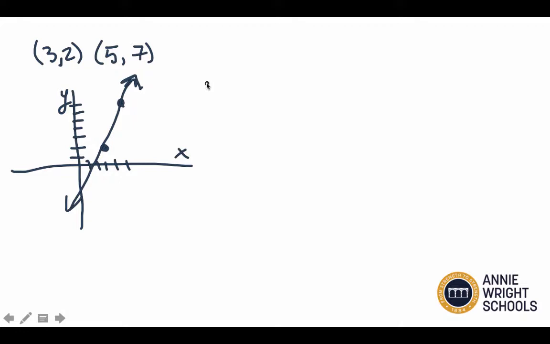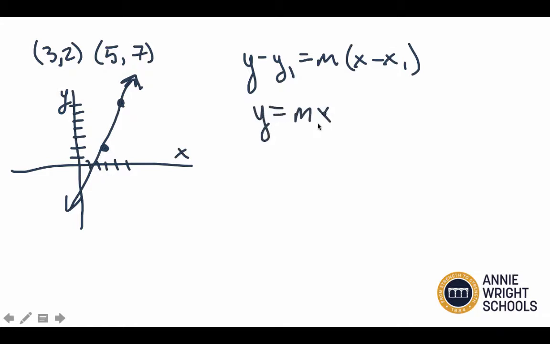Another way of graphing a line is when you have it in certain forms. So we're going to talk about 3 forms of a line. My favorite, which is called point slope, then there's slope intercept, and then there's standard form.